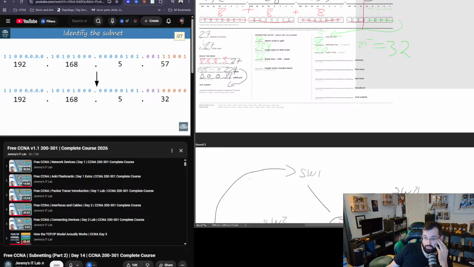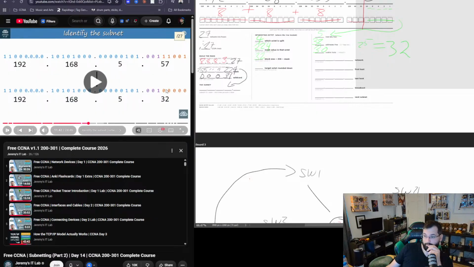I'm over here trying to do crazy math equations, because what he just figured out was the target octet. And the way you get that, how's the block size? Man. 192.168.5.32. So that's the answer.